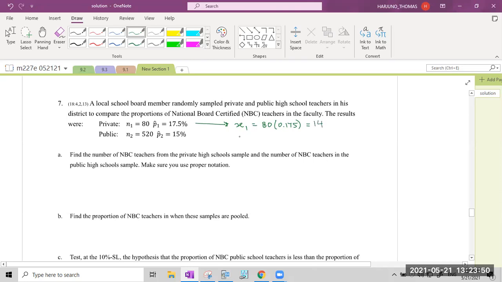So this is 14. Now x2 will be 520 multiplied by 15%. That is 78.